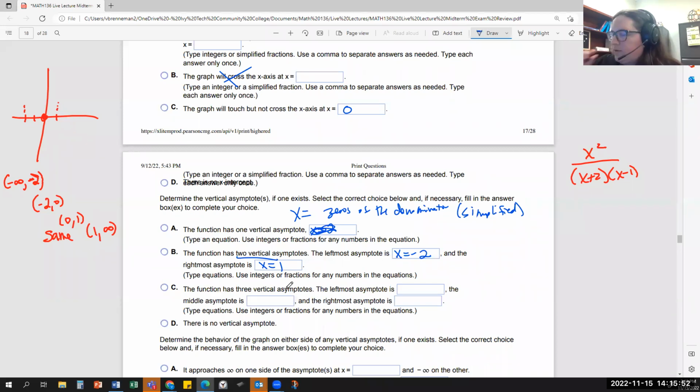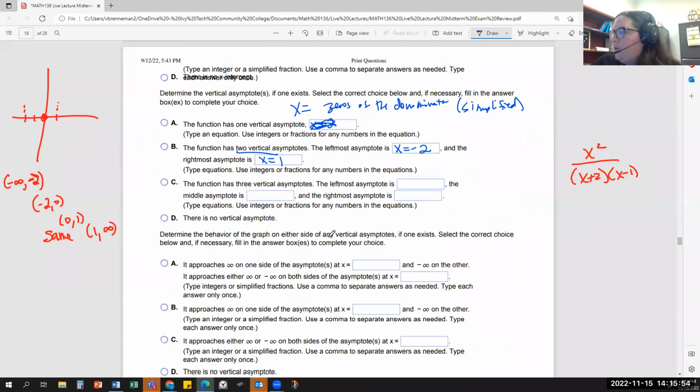So again, we have those, and the behavior there, because neither of those factors was squared. Squared factors would be the same on both sides, so the asymptote would go towards infinity on both sides, or negative infinity. A factor not squared is going to be opposite.